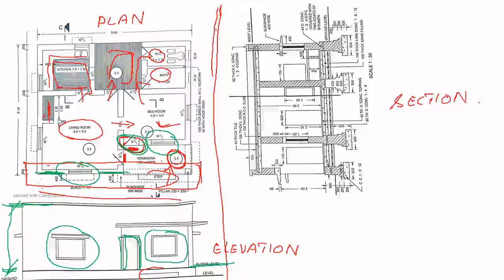Now coming to the section. Your section is taken like this. See this, your section is drawn like this from this point. This is A. From this point it comes here. This is B. Then your section is taken like this and it comes here.